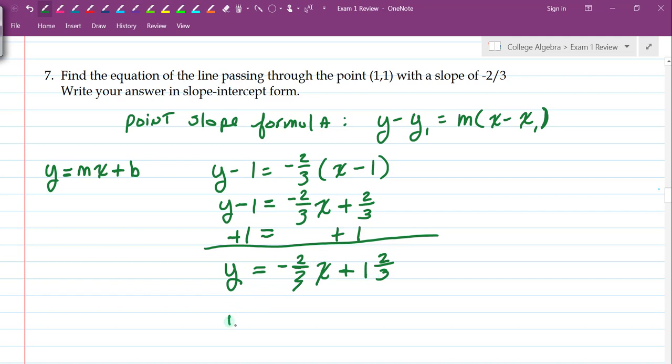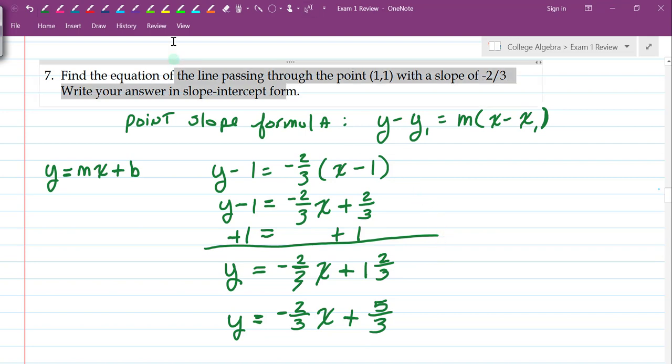So we could rewrite this as y is equal to negative 2/3 x, and then 1 times 3 is 3, plus 2 is 5, so plus 5/3. Either one of those answers in either one of those forms would give you 100% credit.